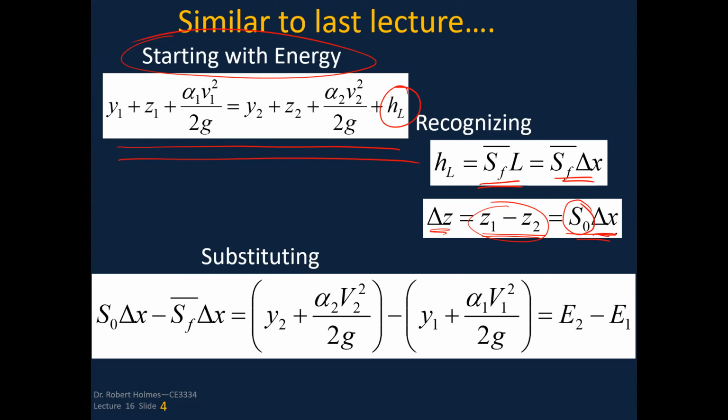Now, if I substitute those in, for delta Z we put S sub O times delta X. For the head loss, we call it S sub F times delta X. That gets substituted in, and what you're left with on the right side of the equation are essentially the specific energy terms.